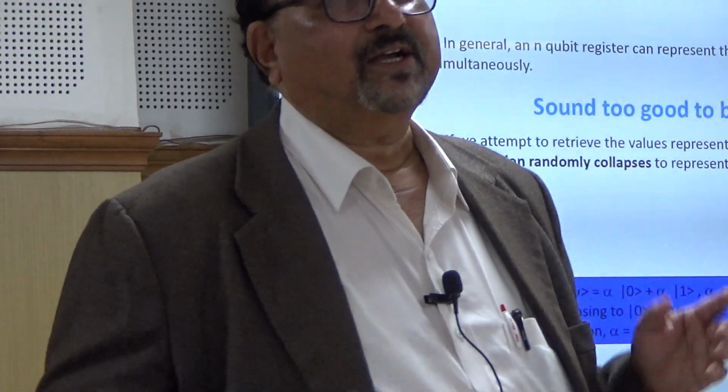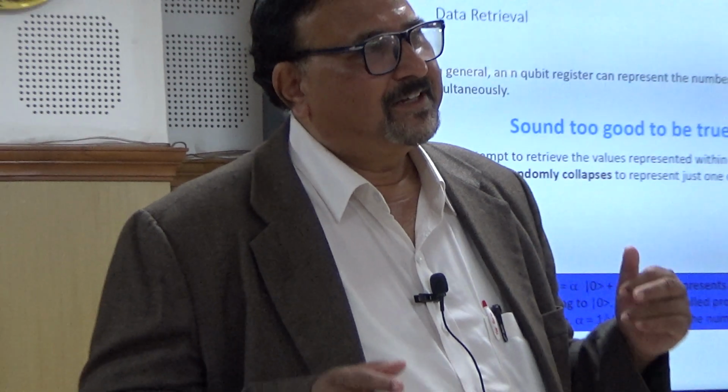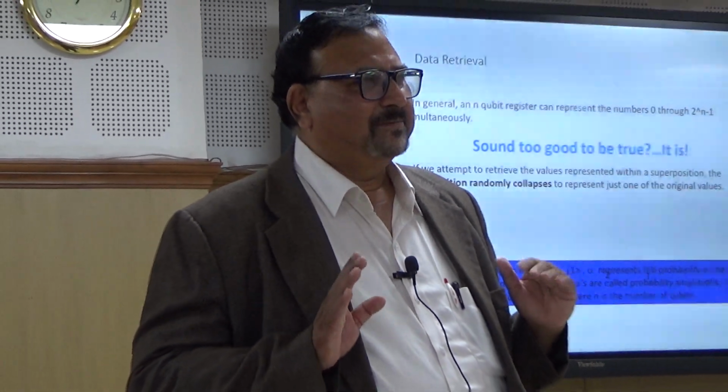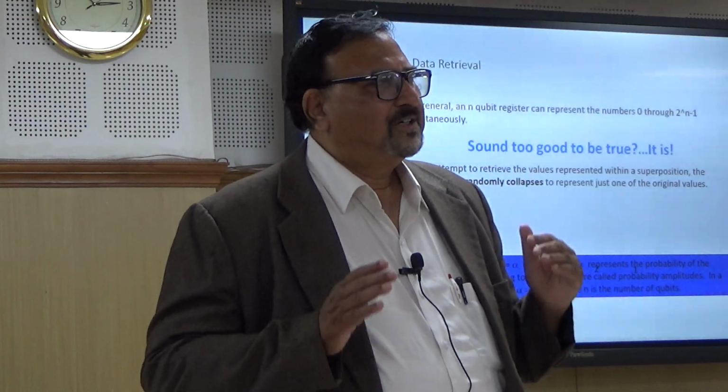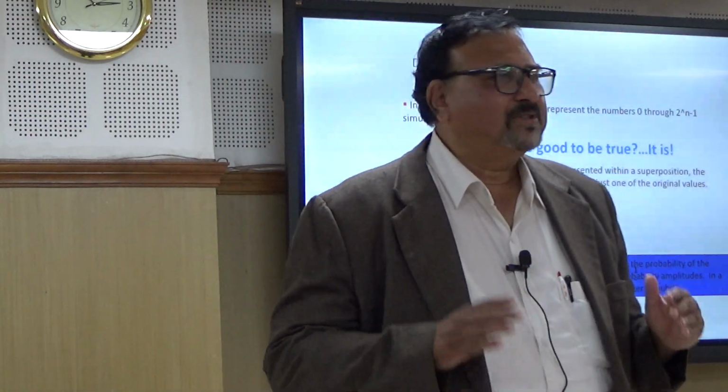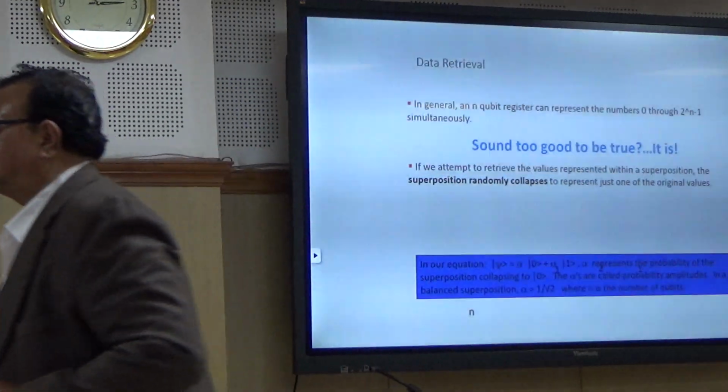Because this is coming in the case of an electronic system, you can directly control. But when you are talking about an optic system, you need additional photons that only help you to communicate from one end to the other end. That's why it is 2 raised to the power n.